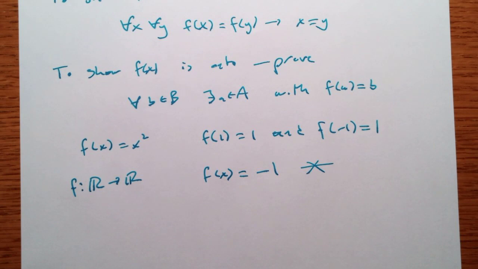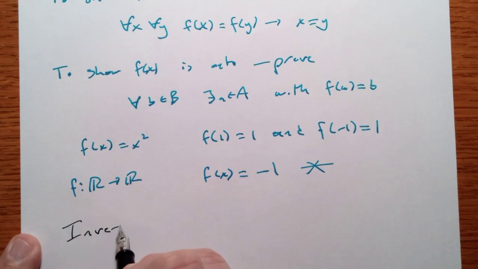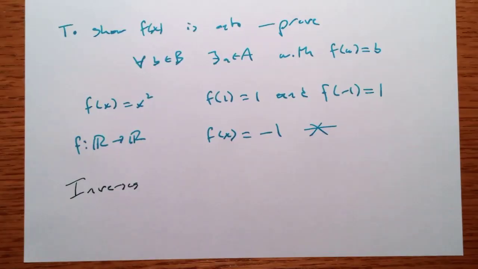The reason I want to know whether or not a function is one-to-one, or whether or not a function is onto, is to know whether or not I can undo it. A function has an inverse only when it is a bijection.